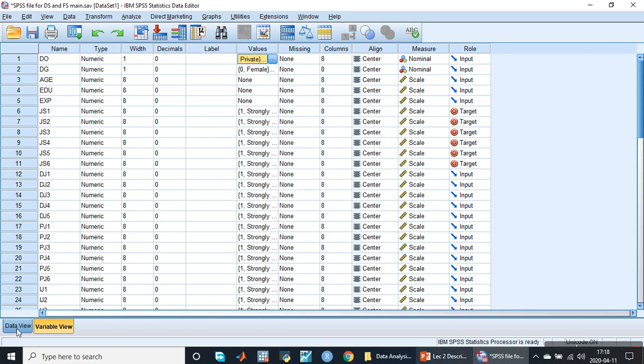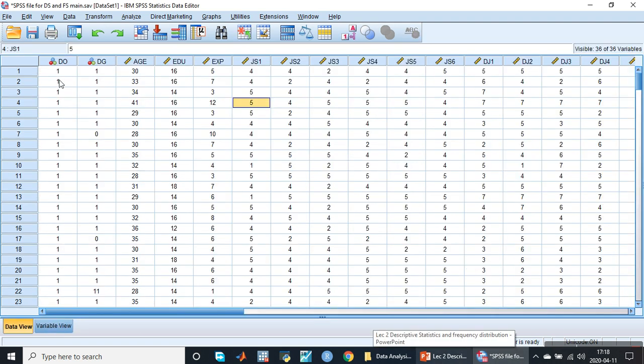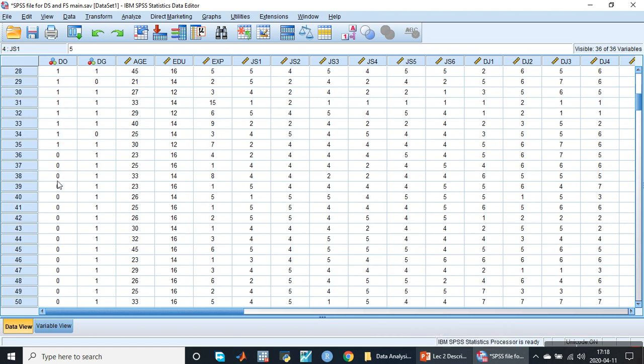When we look in the data view, from the numeric values 1 and 0 we can identify whether it is a government organization or a private organization. Here the 1 means that it is a government organization. The person who filled the 34th questionnaire was a government employee.